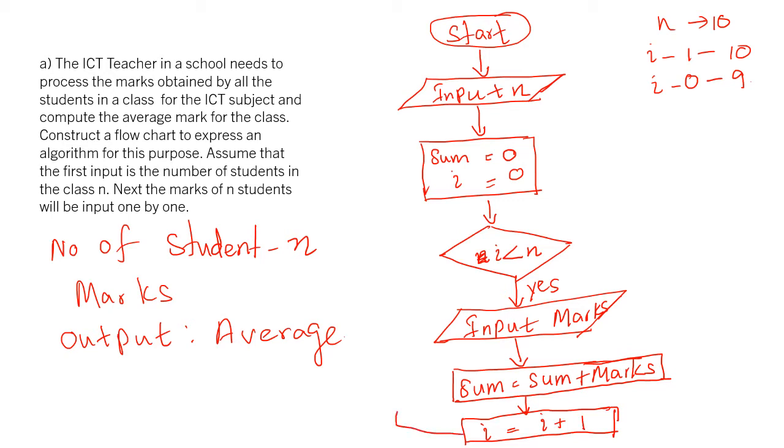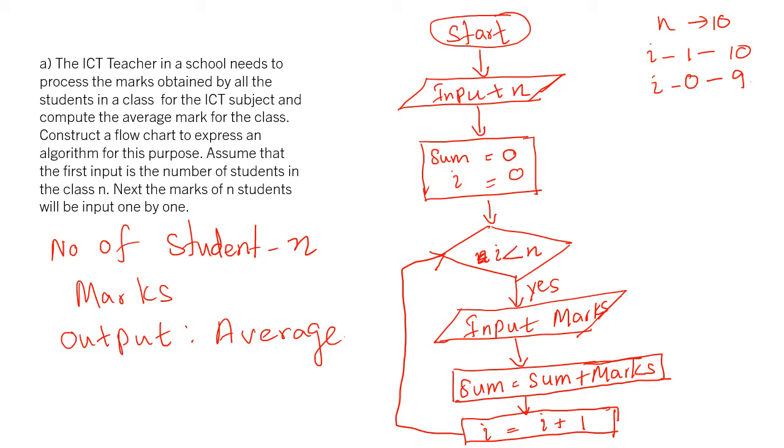Now we are going back to our loop. This is repeating. Suppose the I value is 1, it's still lesser than the n value, so you do it again. I is lesser than n, and this is going to repeat.